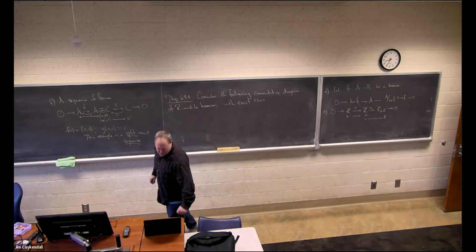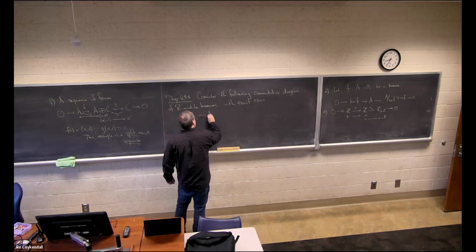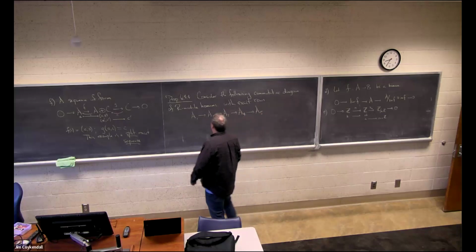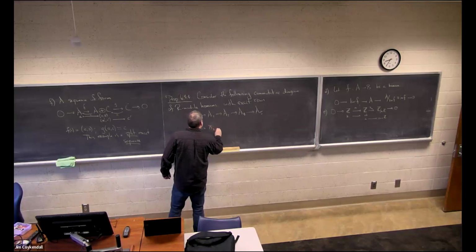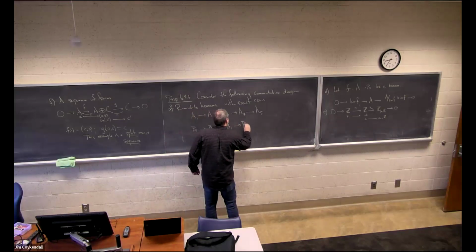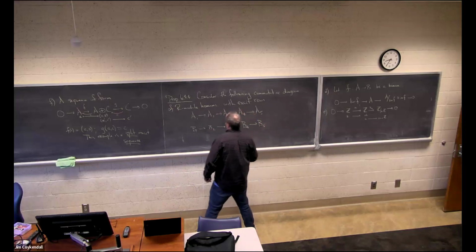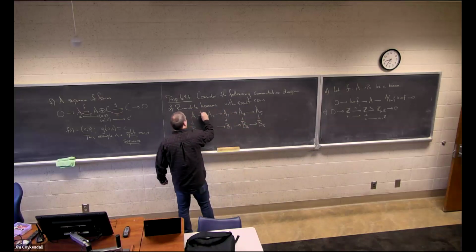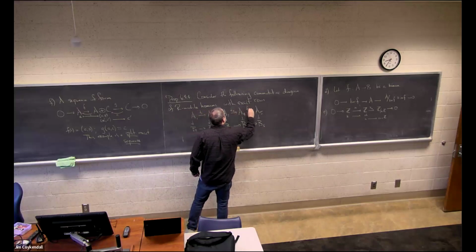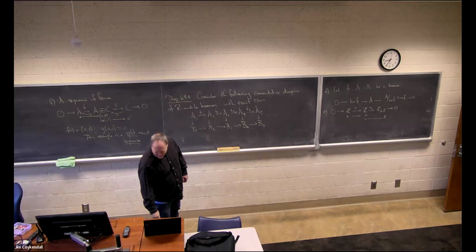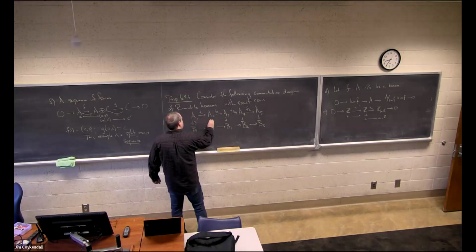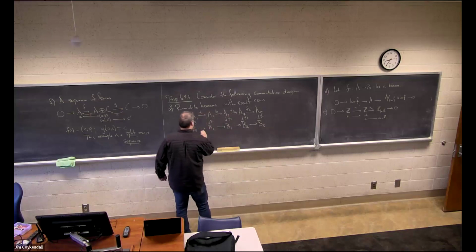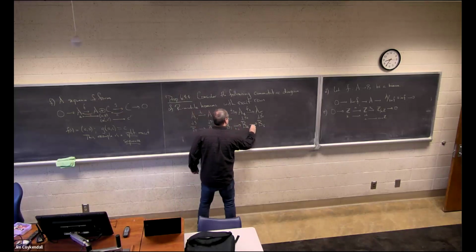A1 through A5, B1 through B5, with maps F1, F2, F3, F4, G1, G2, G3, G4, G5, H1, H2, H3, H4.